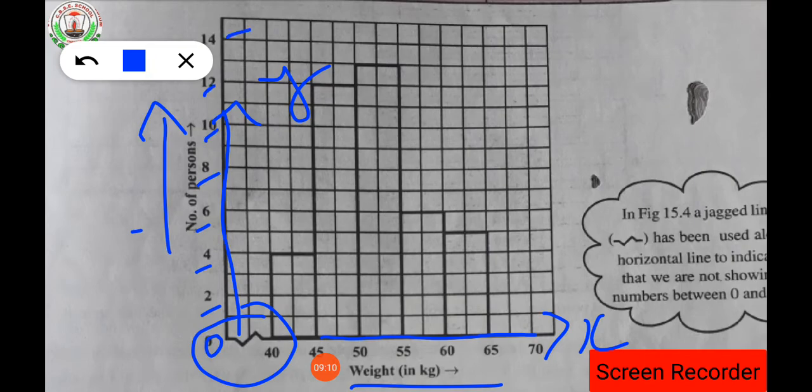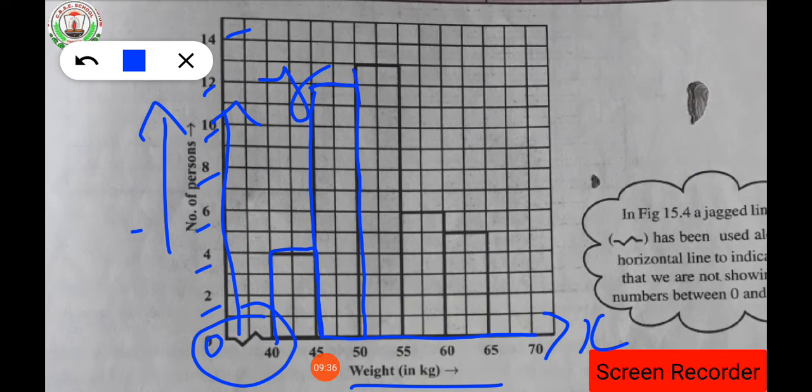Clear? So number of persons we are going to start with 0, 2, 4, 6, 8, 10, 12, 14. Okay, now what is given in the first data? 40 to 45 weight, how many persons are there? That is 4 persons. Then 45 to 50 weight, how many persons are having? That is 12 persons, isn't it? So we are going to draw attaching with that. Then 50 to 55, how many persons are having the weight?